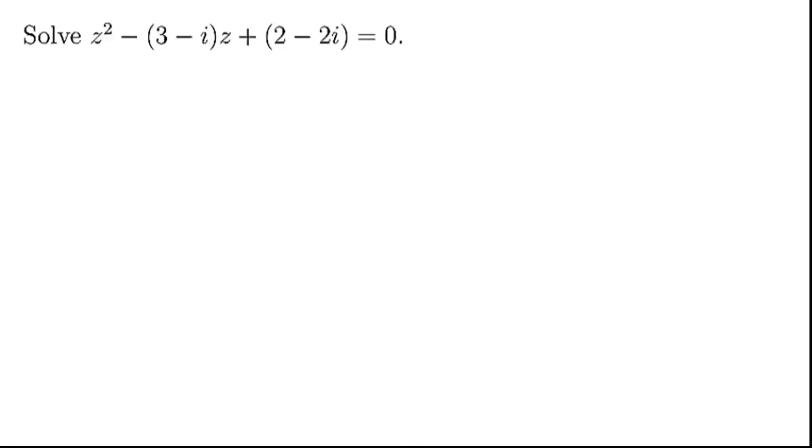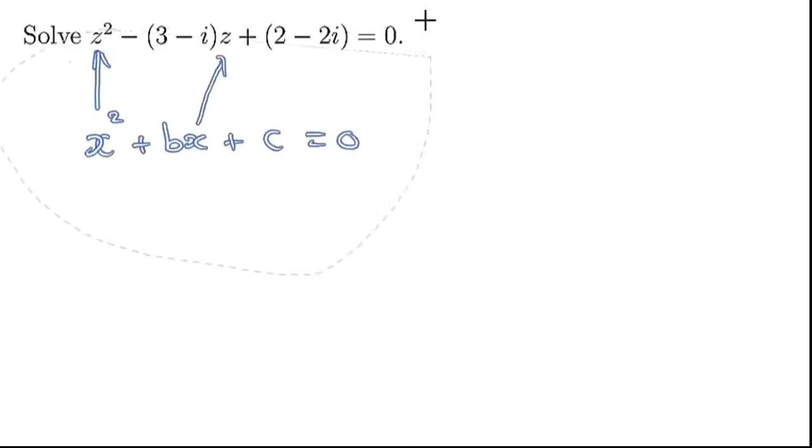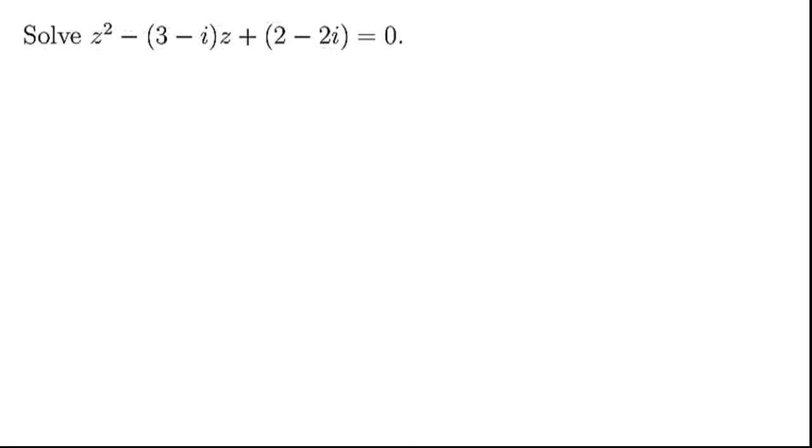So how can we solve this particular equation from the topic of complex numbers? First of all, it's important to note that this is a typical quadratic equation to start with, because it's in this format. But in this case, we have our z squared and our z representing x. So let's obtain the coefficients, then we can solve it using the quadratic formula. So the coefficient of z squared, which is our a, is simply 1.